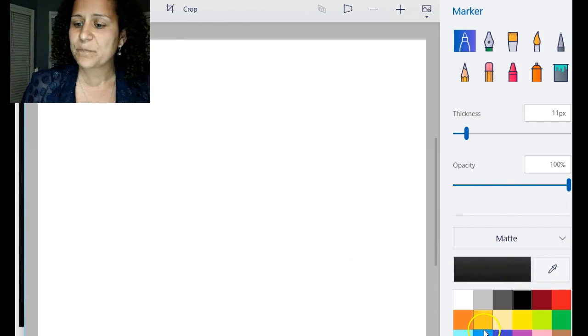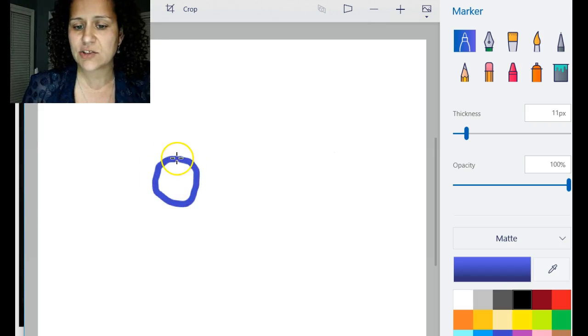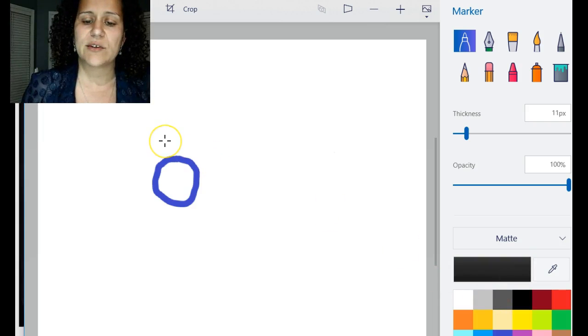If I draw oxygen in blue, this is my oxygen, and my 6 valence electrons. Remember, when you're doing a Lewis dot diagram, it's going to have 8. So you're going to do it in ones before you pair them up. So 1, 2, 3, 4, 5, 6.